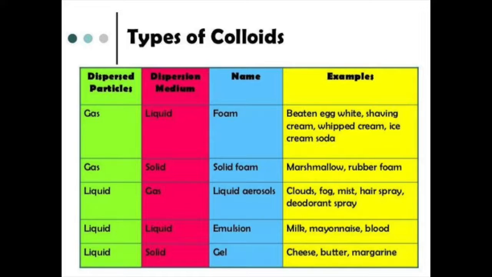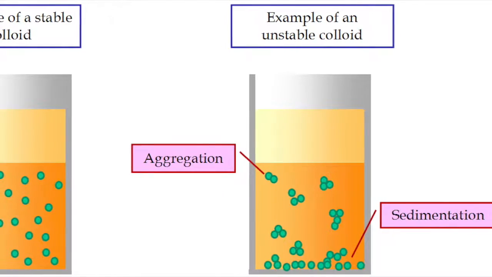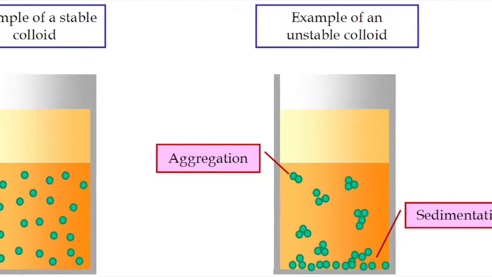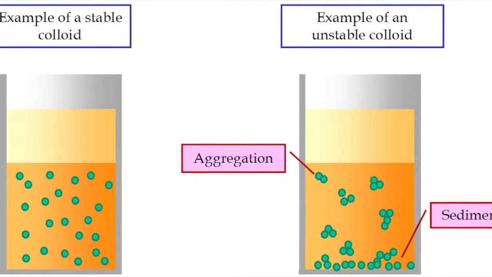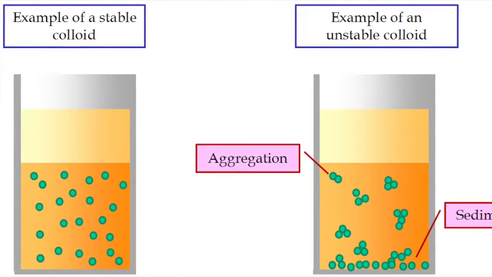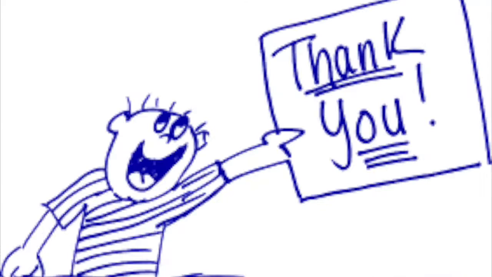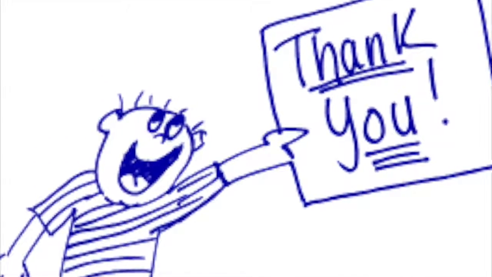Unlike a solution, it's going to be cloudy, but like a suspension, also cloudy. It could be homogeneous or heterogeneous, and it's often translucent and opaque, but it can be transparent. And the particles do not separate, unlike a suspension, but like a solution, and it does pass through filter paper.